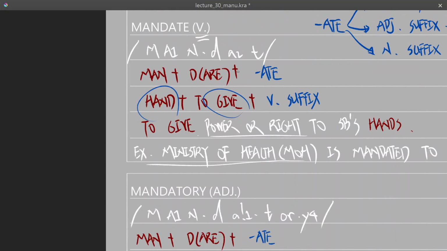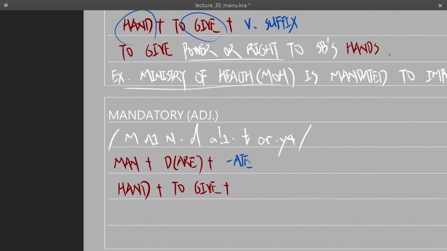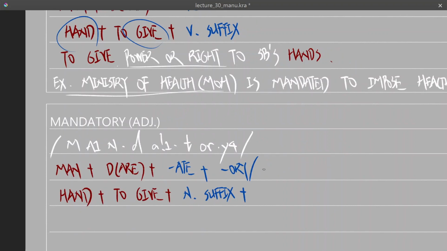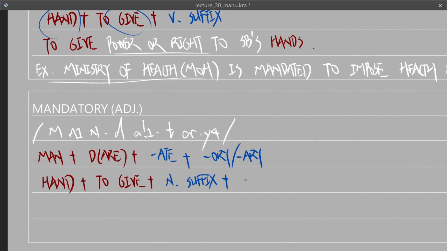In this case, it could be a verb suffix or a noun suffix. Say whatever, a noun suffix. And we have ory. Ory is a variant of ary, meaning relating to something, as an adjective suffix.